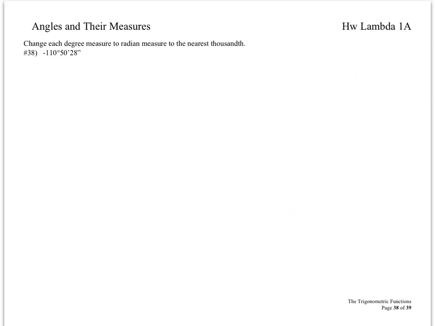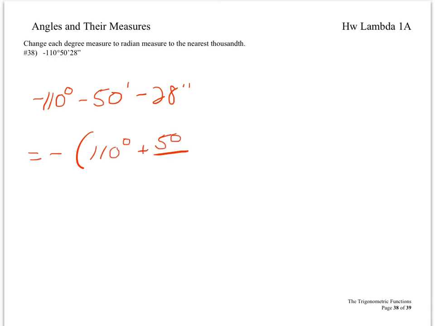Number 38, we have negative 110 degrees, 50 minutes, 28 seconds, which is equivalent to saying negative 110 degrees minus 50 minutes minus 28 seconds, which is equivalent to saying we have a negative on the outside of parentheses, 110 degrees plus 50 divided by 60 plus 28 divided by 3,600.